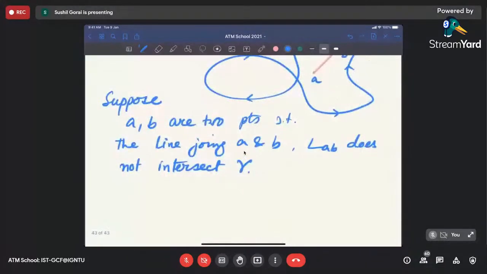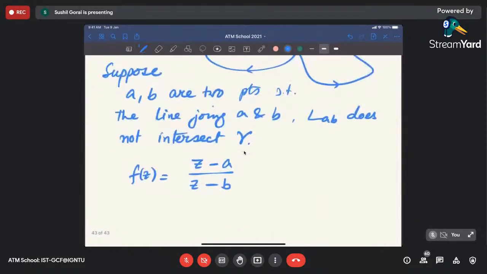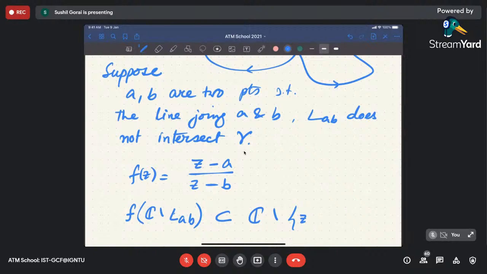All right. Now consider the function f of z to be z minus A by z minus B. This is a very nice function. And you note that the image of C minus the line joining A B lies in C minus the set of z such that real part of z is less or equal to 0.